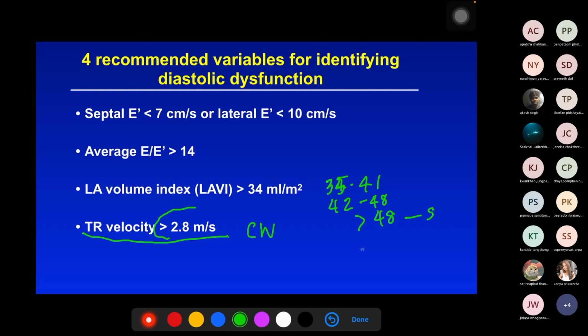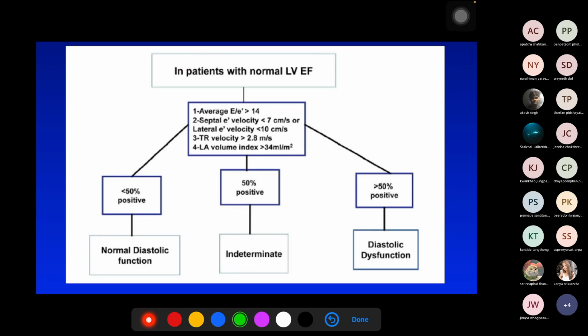If it is over 2.8 meters per second, this is abnormal. So we use these four variables to classify the patient.